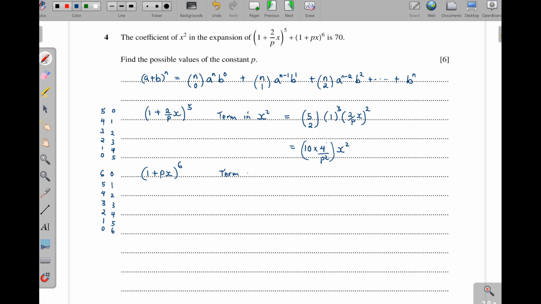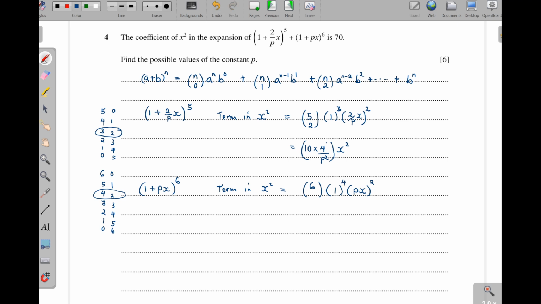So term in x squared here, this one will be, we are going to look at 6 here, then combination something, then the terms we are having are 1 and then px. So for this one to end in x squared, then we have to choose from here. Okay, so for this other one here, we chose from here. So if I put 2 here, x will end in x squared, you see.